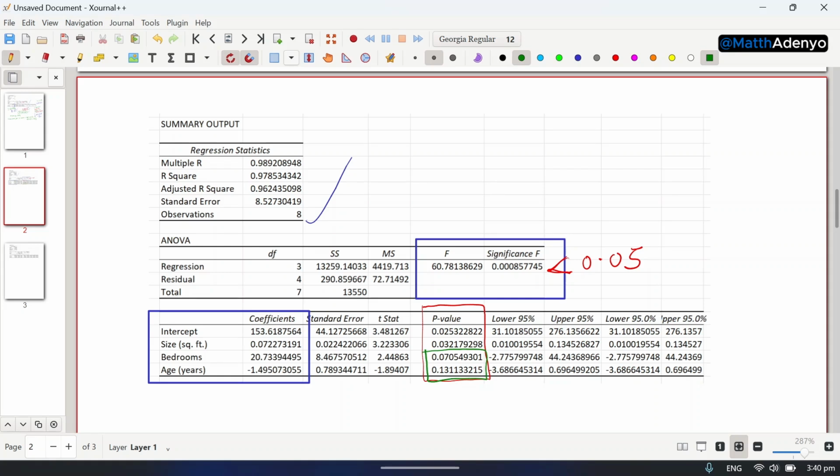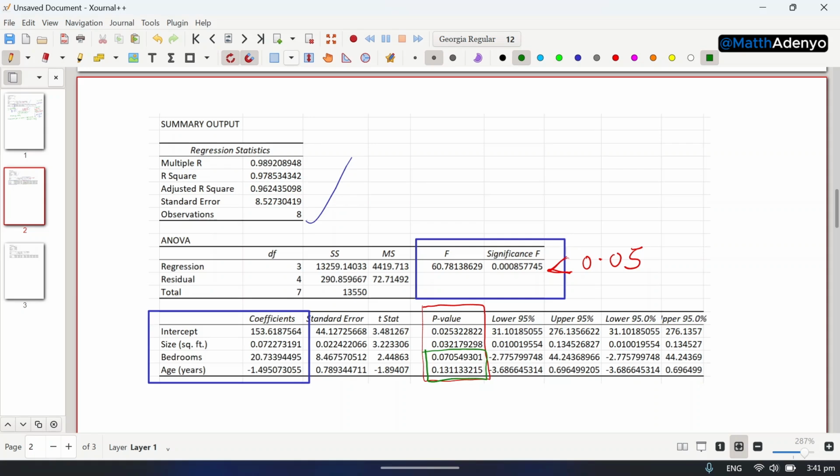In that case, if we exclude the two of them, we are going to have a simple linear regression where the dependent variable is the price and the independent variable is the size. That is all that it means.